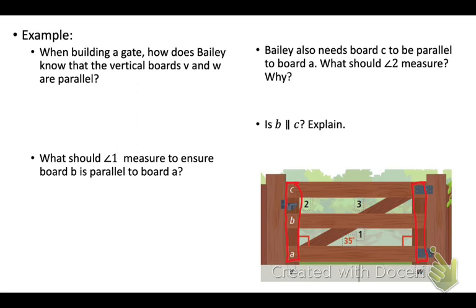Does that help to see it all? Can everybody see their paper good? They intersect the bottom board at what? 90 degrees. Didn't we just have that on the other side? It says if two lines in the same plane are perpendicular to the same line, then they are parallel to each other. Correct?